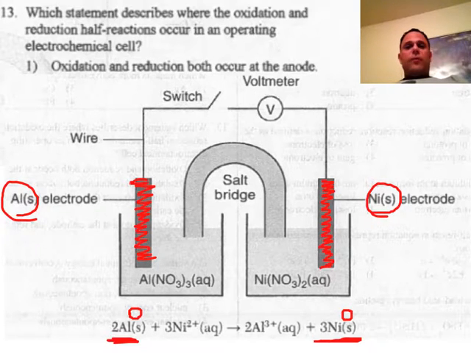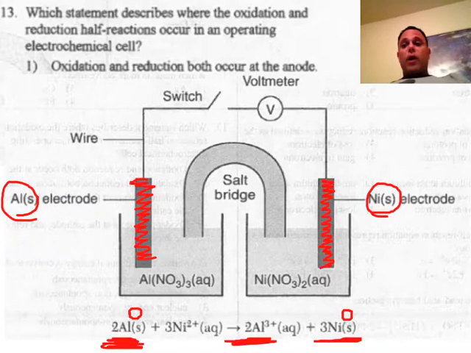Now, if we inspect the equation below, we will see that the aluminum has an oxidation number of 0, and when it lands on the product side, it's a +3. Now, there are 2 aluminums on the left, 2 aluminums on the right.